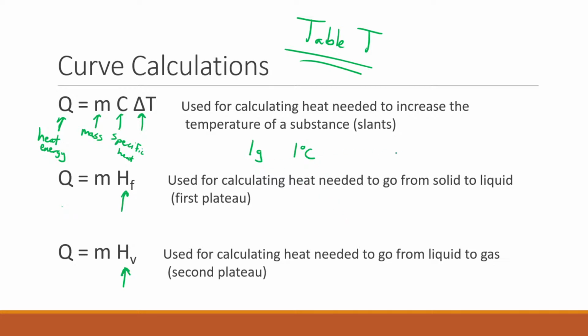If I want to take this single gram block of ice from the -4 to -3, that would be my specific heat value, right? 1 gram and increase it by 1 degree Celsius. Specific heat is different for every substance. Substances that are easy to heat up, things like metal, have a low specific heat.